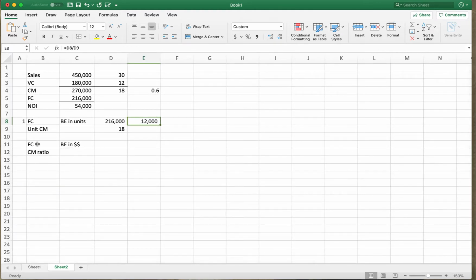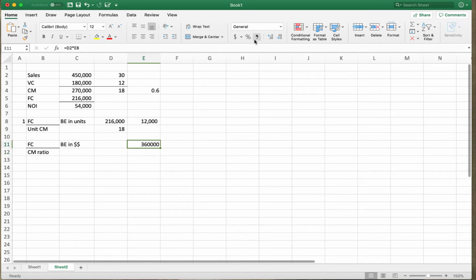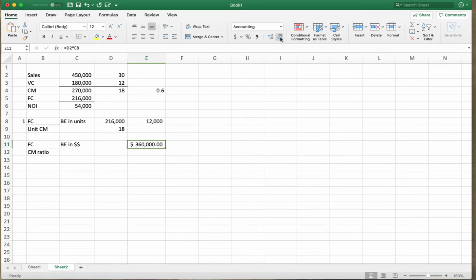We don't need that equation. To figure out what it is in dollars, all we do is say 30 bucks per unit times 12,000 units, and we get $360,000. Easy peasy, right?